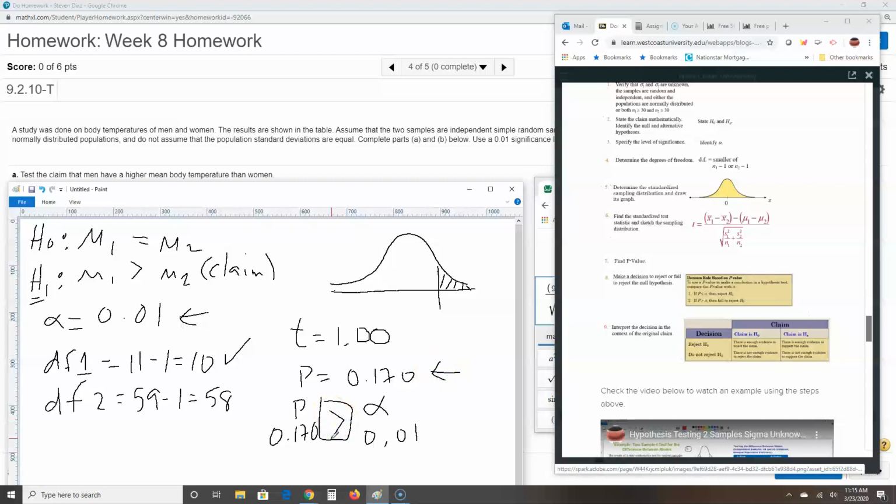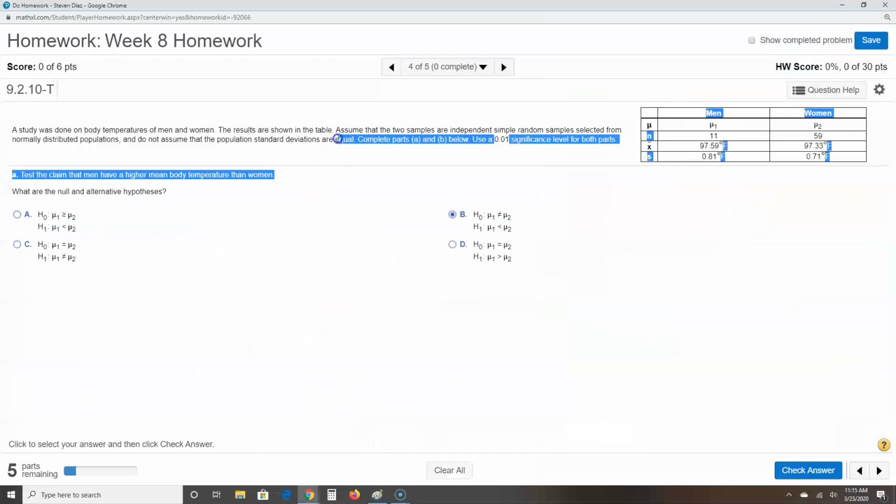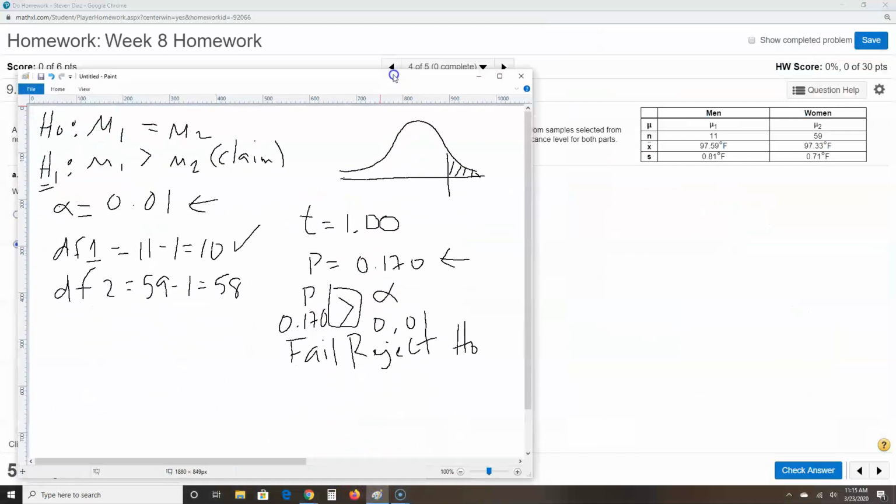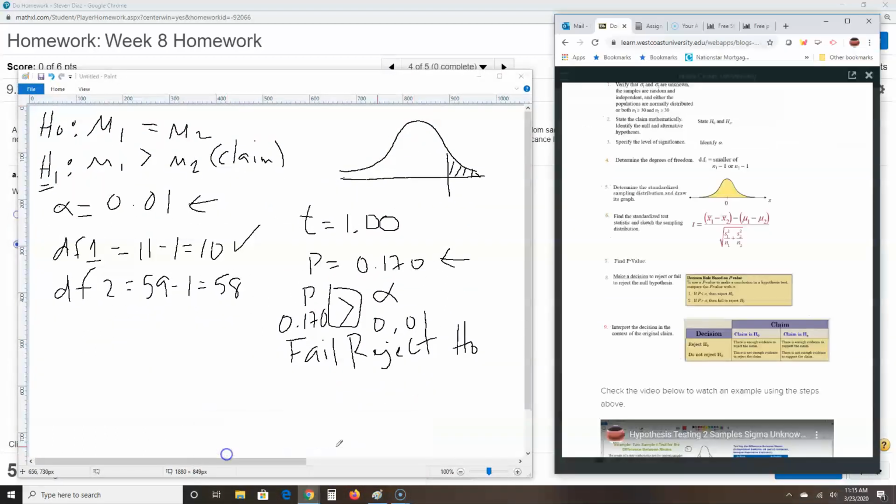What will be our decision based on what it says here? Our decision is going to be fail to reject H0. Okay? That's what's going to be here. And I did step number, whoops, where did it go? Right there. I did step number, I think it was 8.